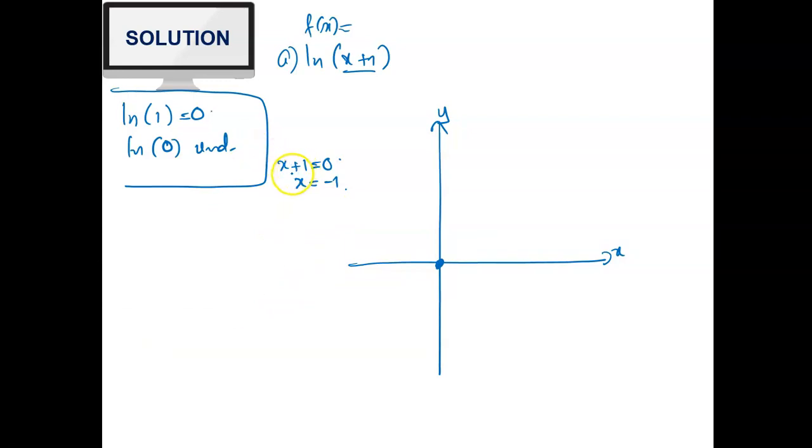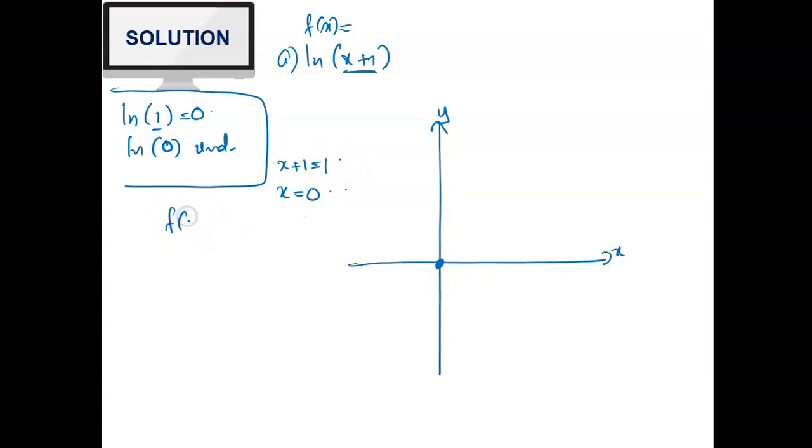Just imagine that we compare this x plus 1 with 1 here. Then x equal to 1, bring it over and it becomes negative, so 1 minus 1 equal to 0.